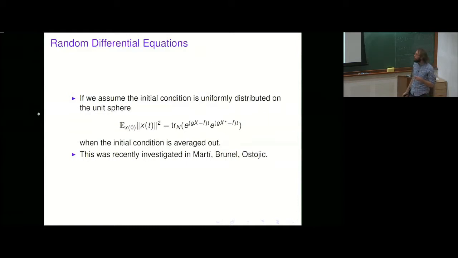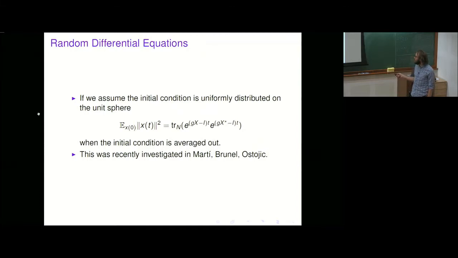So that brings us to our sort of initial motivation. If I assume the initial condition is uniformly distributed on the unit sphere, well, if I average out the initial condition, then I can express the L2 norm of the solution to my differential equation exactly as the trace of, well, the matrix exponential of my matrix times the exponential of its conjugate. So exactly the sort of problem that we're looking at.